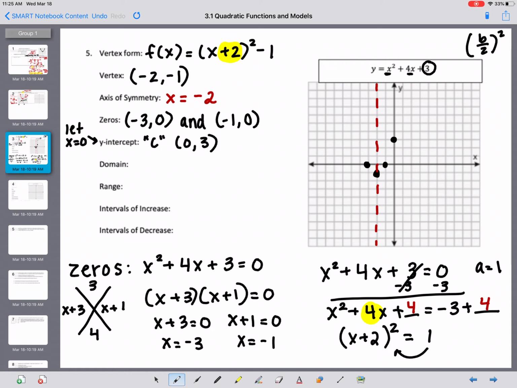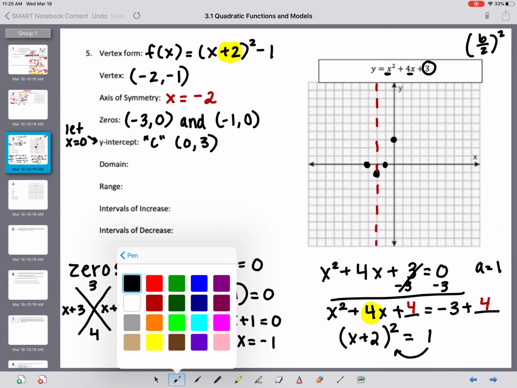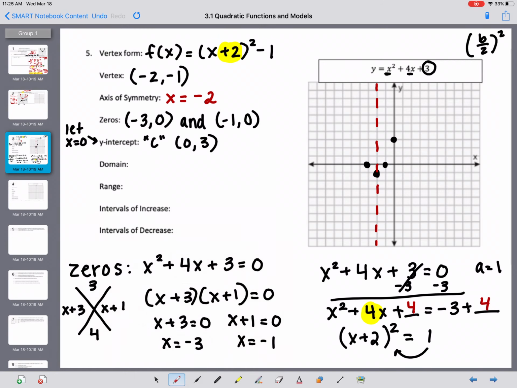Okay, so that's it in terms of points. I have enough to continue graphing, but I do want to draw your attention to one thing here. The axis of symmetry is a line of symmetry. So if I have a point to the right, which is right here, that y-intercept, and I can count the distance to my axis of symmetry, and then go the same distance to the other side, I can get another point. For example, I have the point 0, 3.